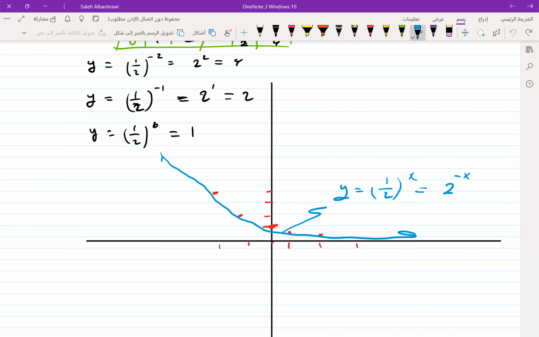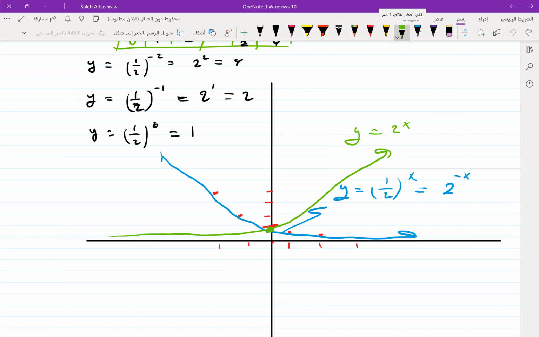Last time we graphed the function y equal to 2 to power x, and this is the intercept point. This function is y equal to 2 to power x. So 2 to power x and 2 to power minus x are symmetric around the y-axis.